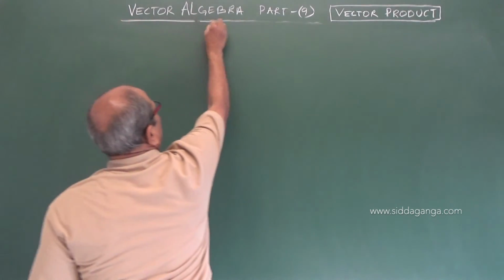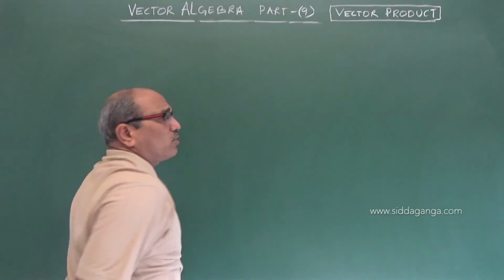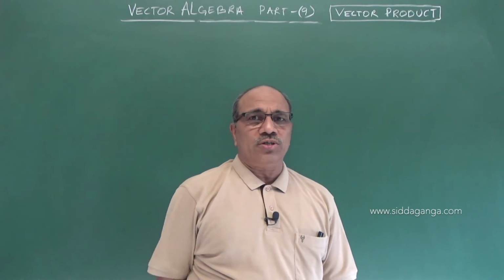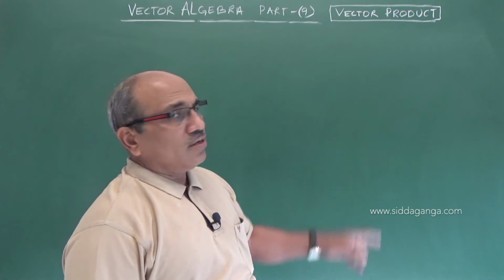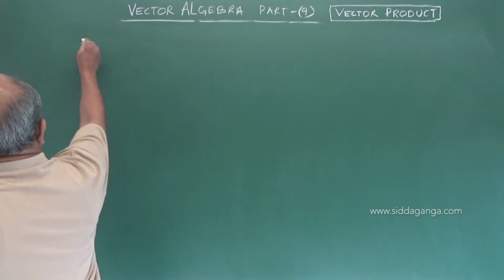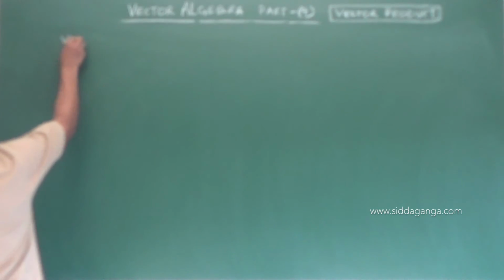So we have discussed in length the problems to understand the concept of vector addition and subtraction, including the resolution of vectors. Now coming to another operation, the vector product. Vector product we take in two forms.